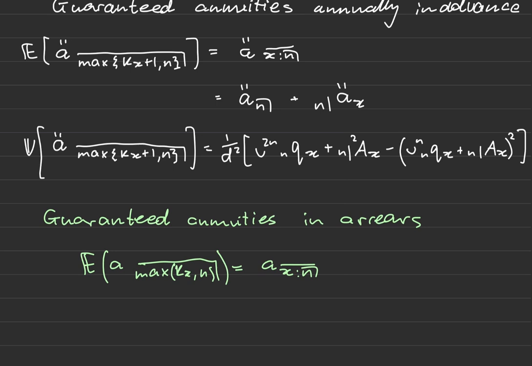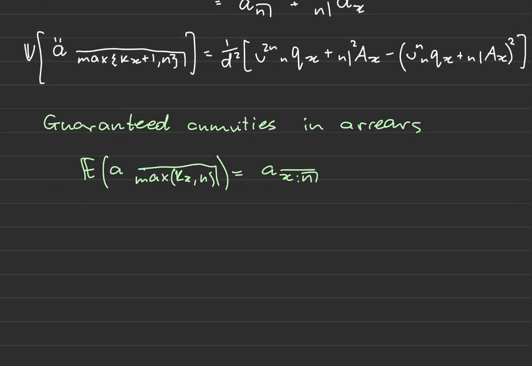Well, if it's in arrears, it means I'm foregoing that initial payment that happens at time 0. So I will have one less payment. Okay, so that's why I have kx here, not kx plus 1. Okay, and this equals an plus a deferred whole life annuity.